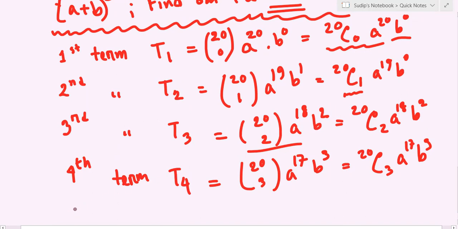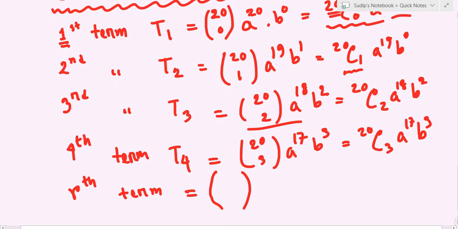Suppose we take the rth term. Look here: for the first term, we have always seen that at the top of the C we get 20.